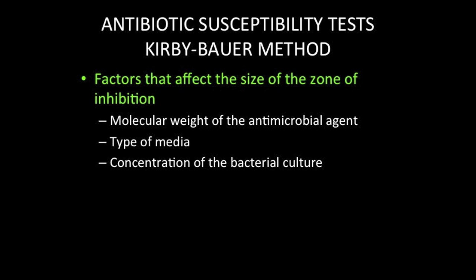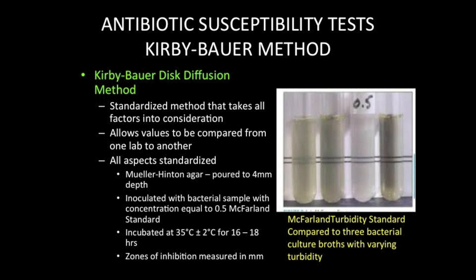In the 1960s, standardization of the disc diffusion method led to the development of the Kirby-Bauer disc diffusion susceptibility test. This standardized method takes into consideration all of the factors that affect the size of the zone of inhibition and allows results from one lab to another to be compared.